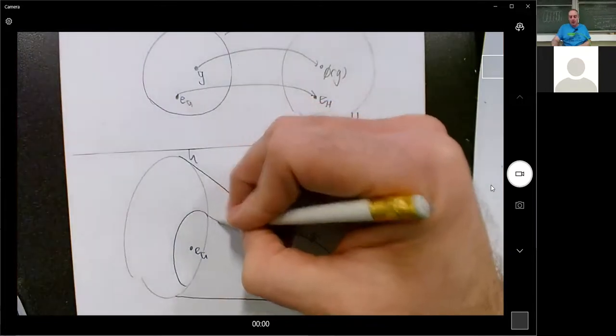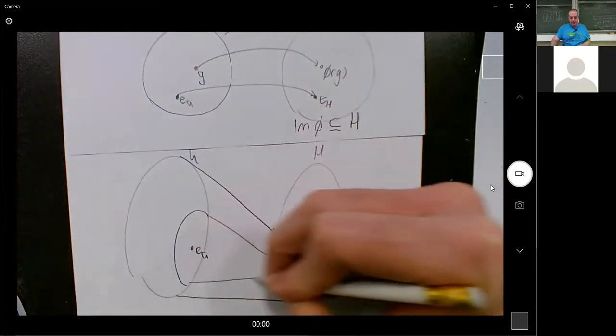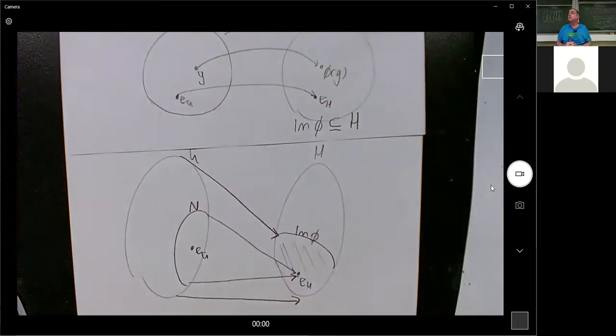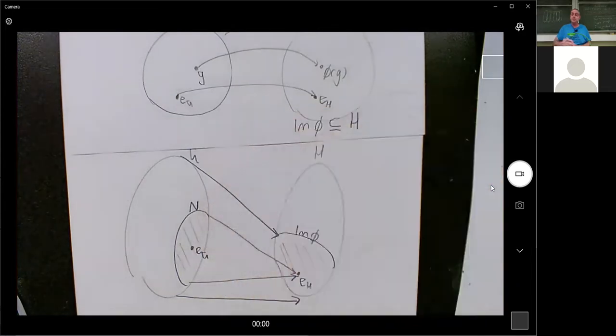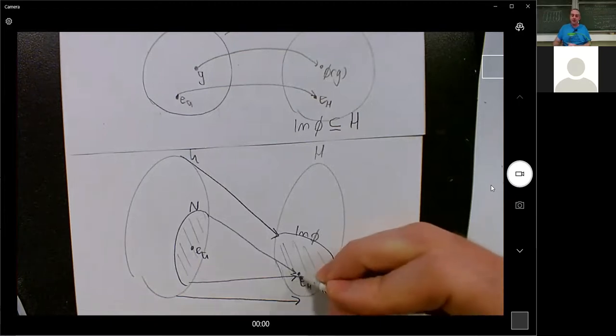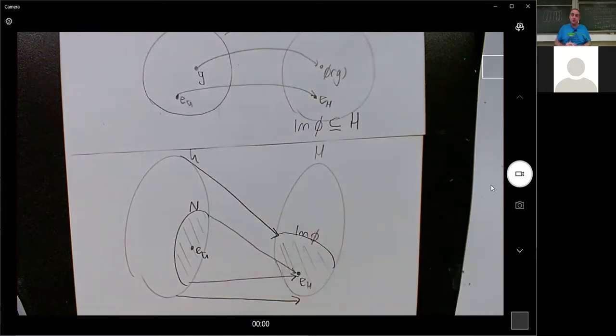The whole of N gets squashed into the identity. It's the kernel. So we were told that the kernel of phi was N. The kernel is everything that ends up at the identity afterwards.